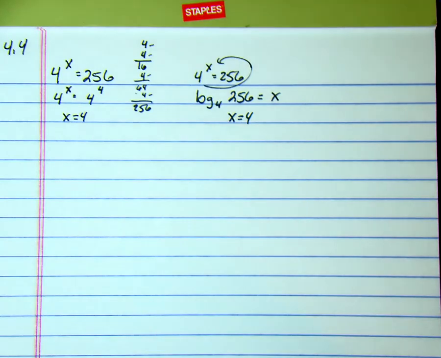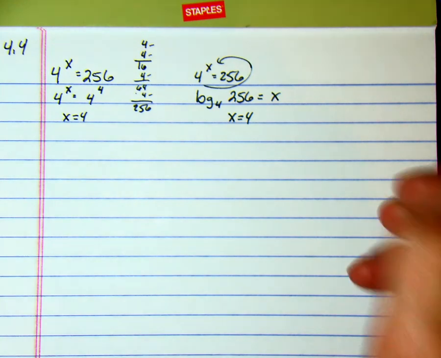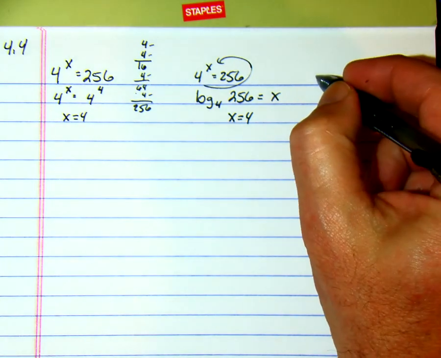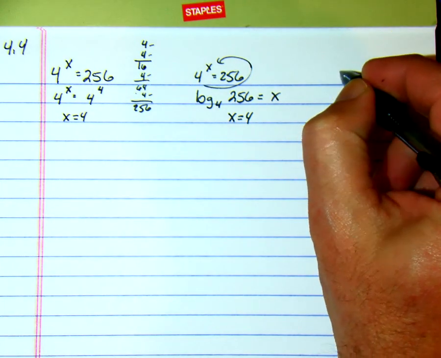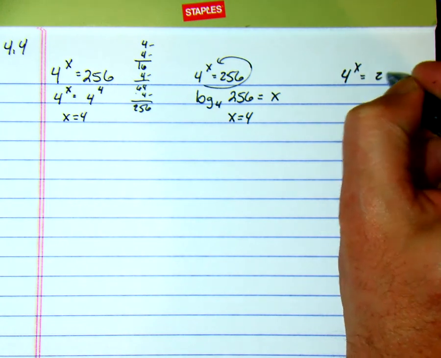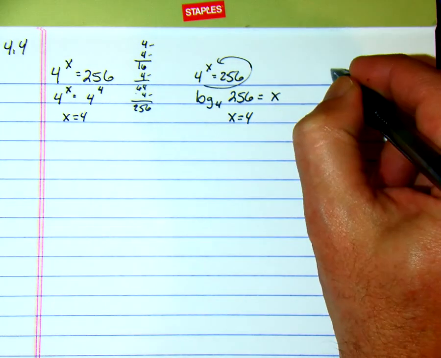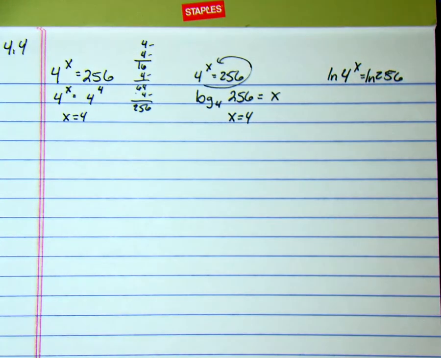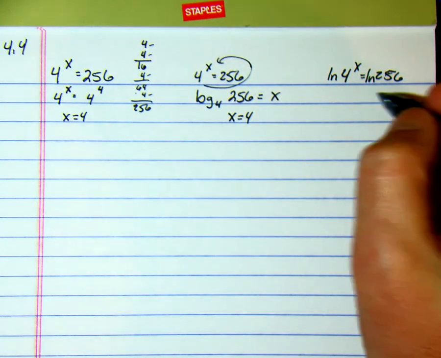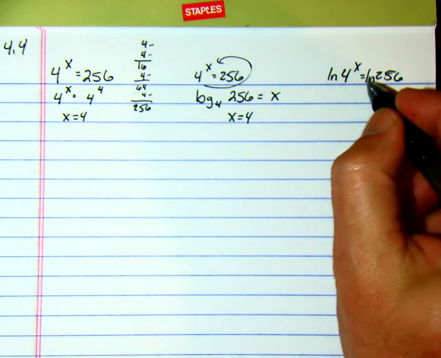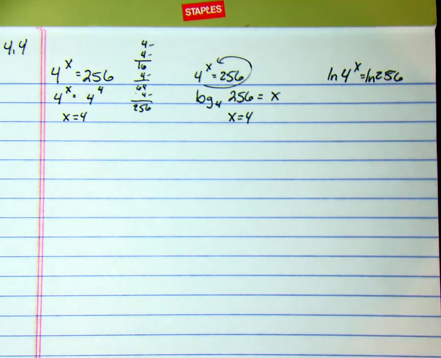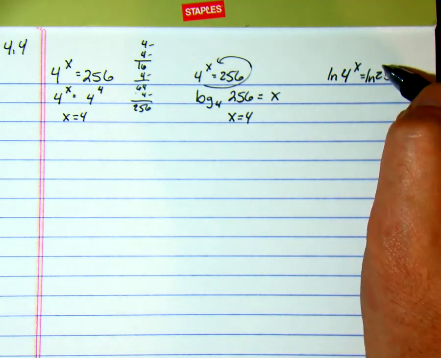This is the way that we need to learn how, because we're going to have to solve equations later. Another way, if I have 4 to the x is equal to 256, what I'm going to do is take the natural log of both sides. That allows me to solve that equation. Since I made both sides a natural logarithm, I did the same thing to both sides, so I haven't done anything bad at all.